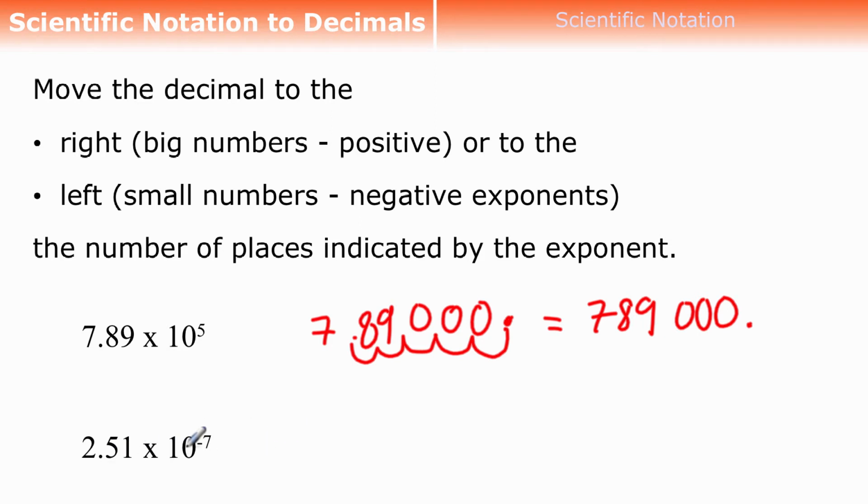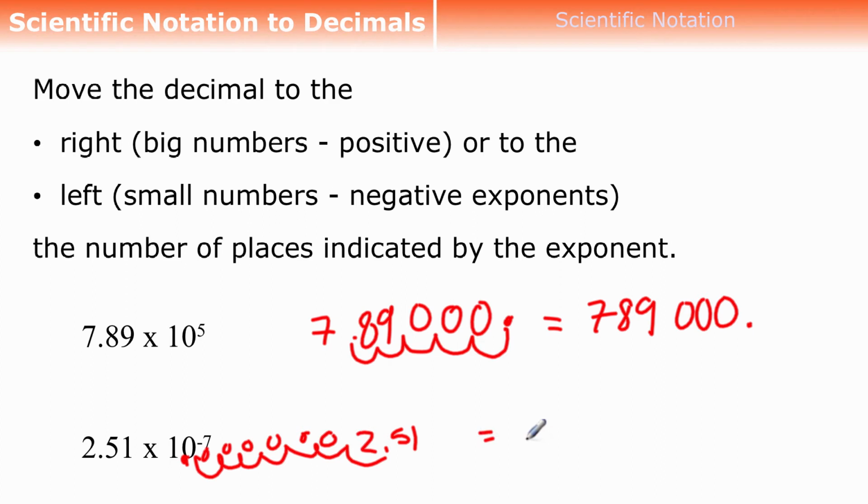Okay, here's another one. 2.51 times 10 to the minus 7. It's a small number, therefore which way is the decimal going? To the left, that's right. So I've got 2.51, and I've got to move the decimal 7 places to the left. So 1, 2, 3, 4, 5, 6, 7. And my decimal will wind up right there. So I'm going to have to put in 1, 2, 3, 4, 5, 6 zeros.